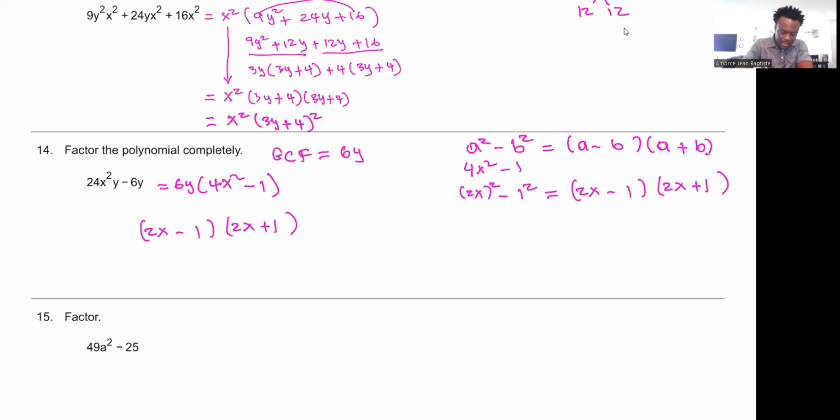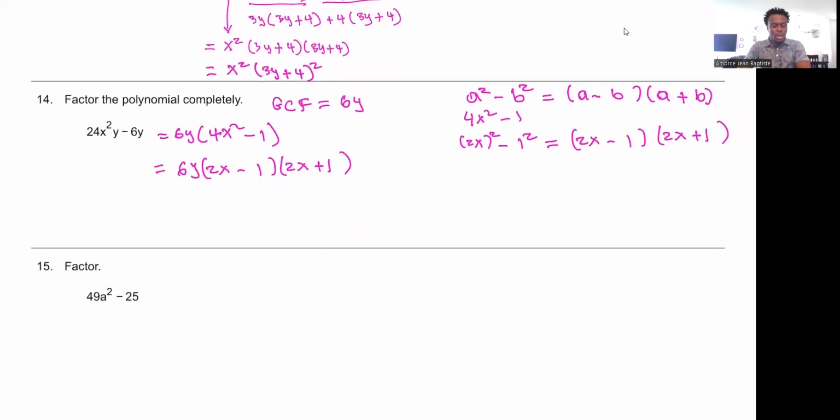So we have that here. So the completely factored form of this expression is 6y times (2x minus 1) times (2x plus 1).